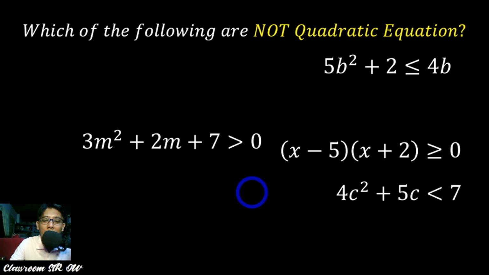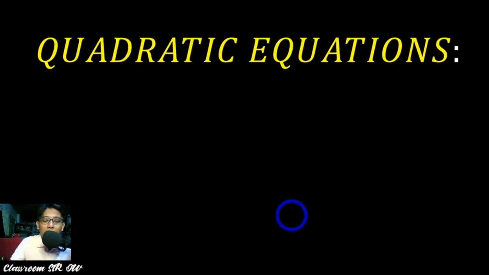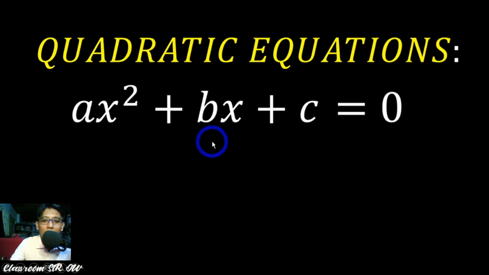Equations rather, or inequalities rather, so these are actually not quadratic equations because this is what we call quadratic inequalities. For us to understand more on what quadratic inequalities are, let us recall first our quadratic equations. In the standard form, we have ax squared plus bx plus c is equal to 0.